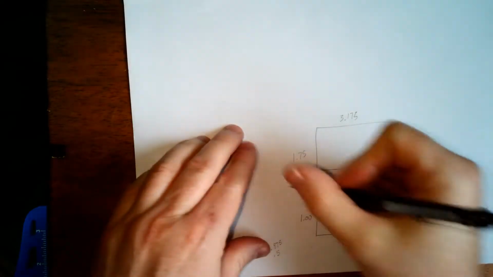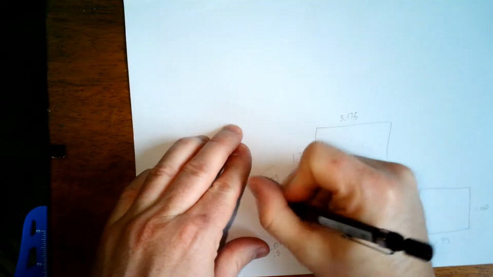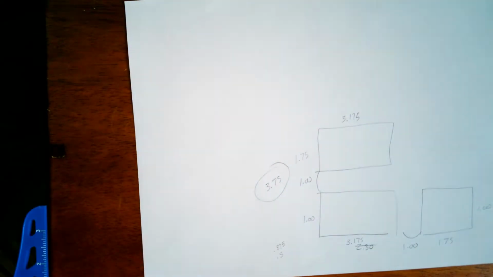Okay, so if I add all those together, I get 3.75 on this side, and then if I add the other side together, I get 3.175 plus 2.75, so 5.925. Yeah, it's a bit ridiculous right now.